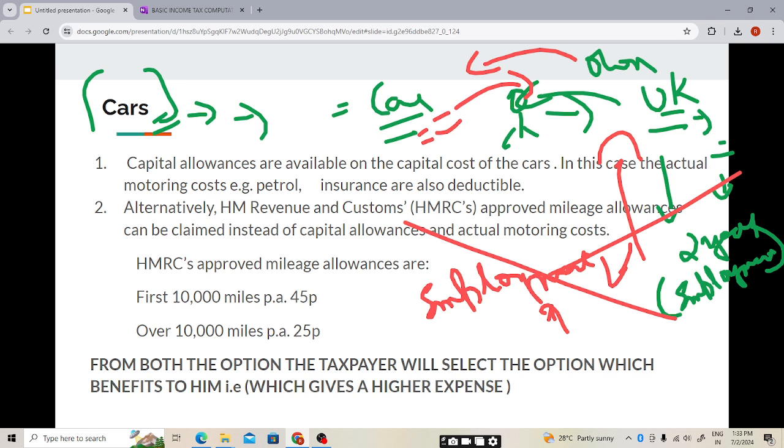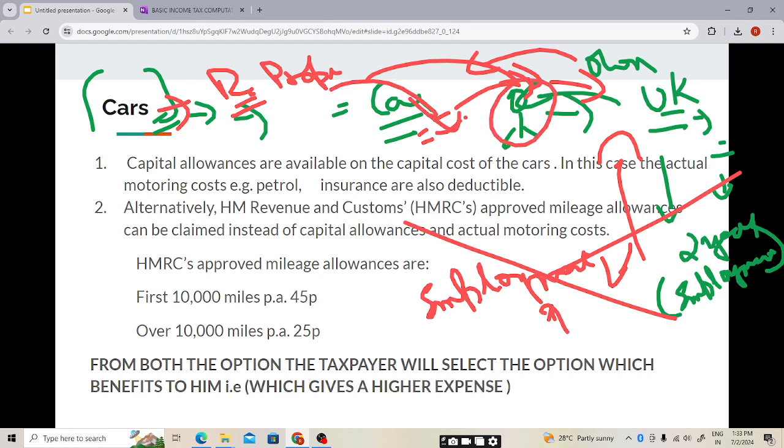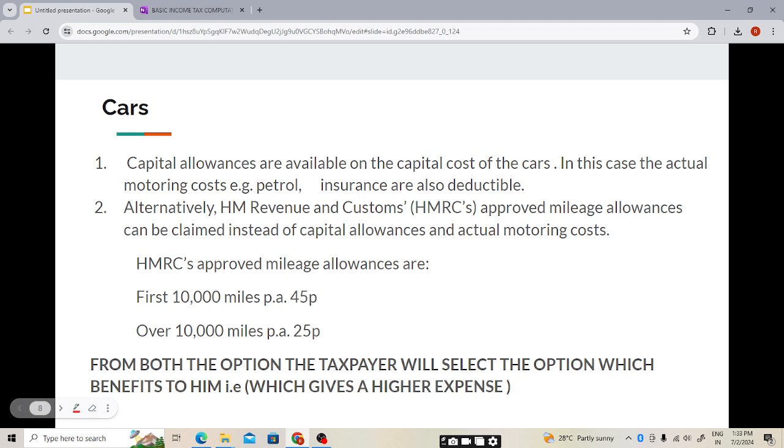So how can the owner reduce the expenses of that? The car is wholly and exclusively used for the property running business, so the owner is providing it to me. It is for property business purpose only. So we have some rules on how the expenses will be allowed.